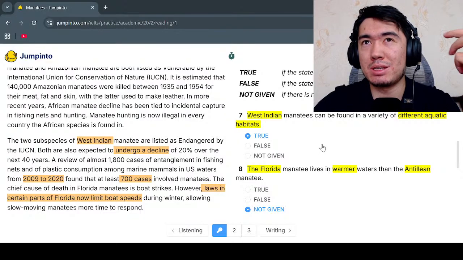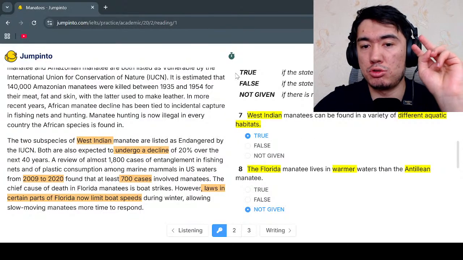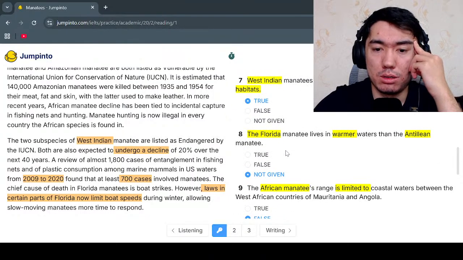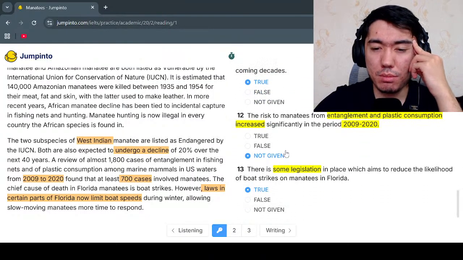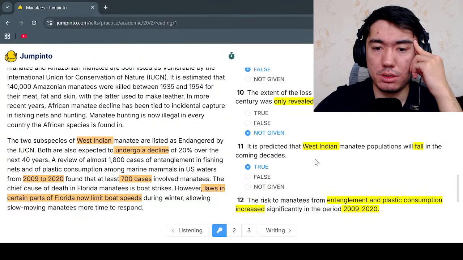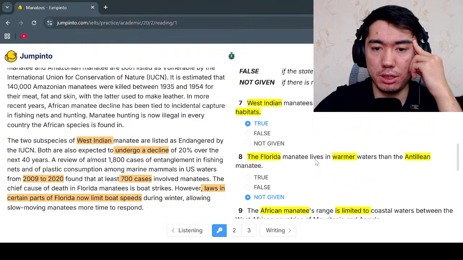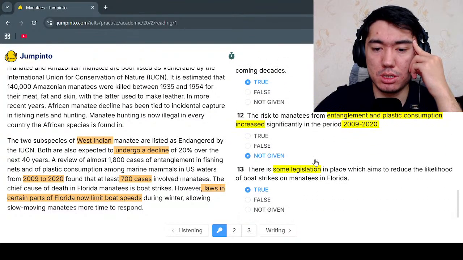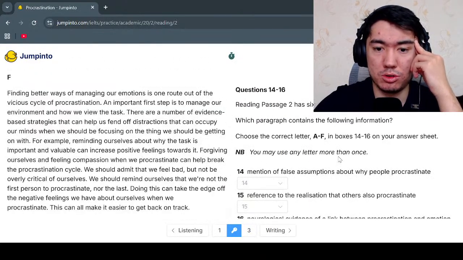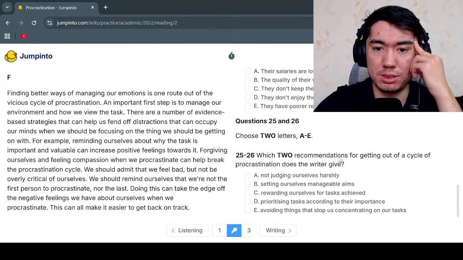We should at least have 2 of each true, false, and not given answers. Yeah. And here there's an anomaly in our data here. But sometimes IELTS does that just to avoid students using these statistical tricks.